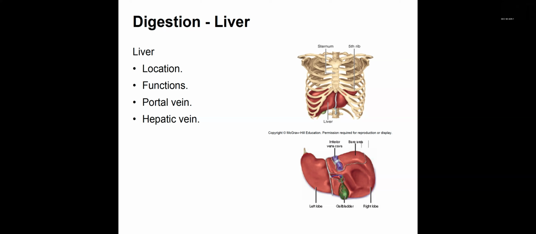It releases glucose from storage when it's needed, converts proteins and fats into glucose, stores fats and a lot of fat-soluble vitamins like A, D, E, and K. It manufactures blood protein, especially needed for clotting, and it's also responsible for removing a lot of toxins from your blood.